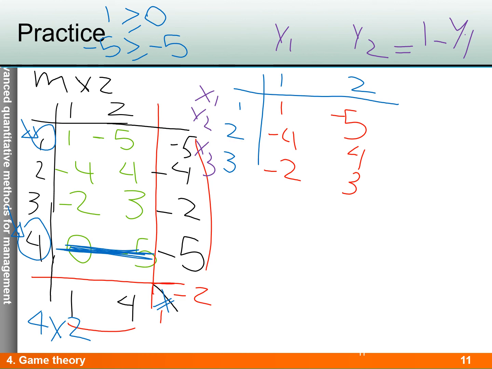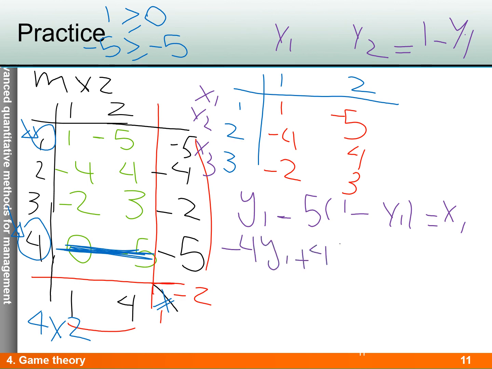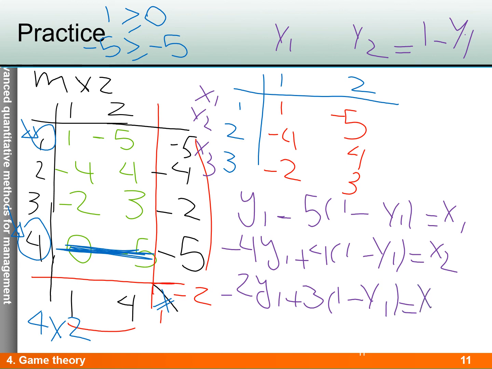Okay, so it means that it is y1 minus 5 multiplied by 1 minus y1, which is x1, is minus 4y1 plus 4 multiplied by 1 minus y1, that is x2, minus 2y1 plus 3 multiplied by 1 minus y1, that is equal to x3.